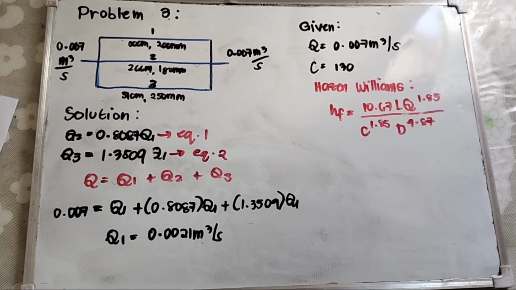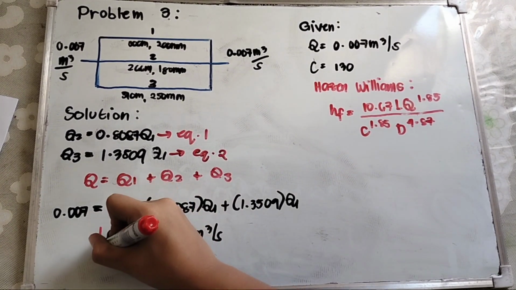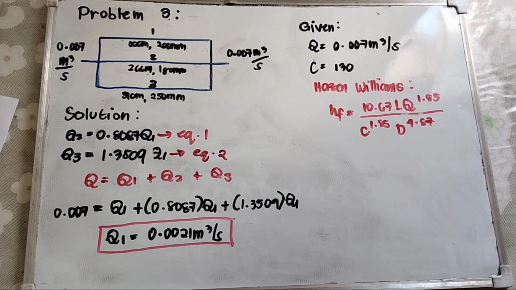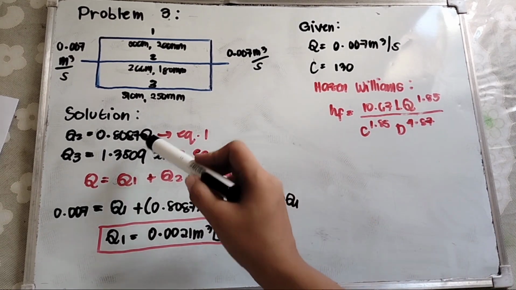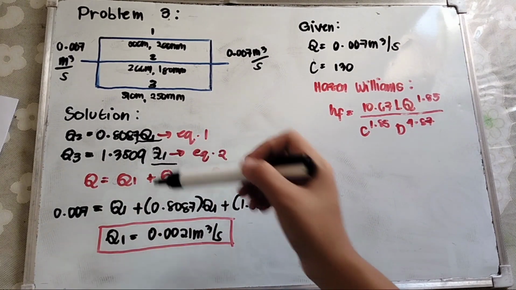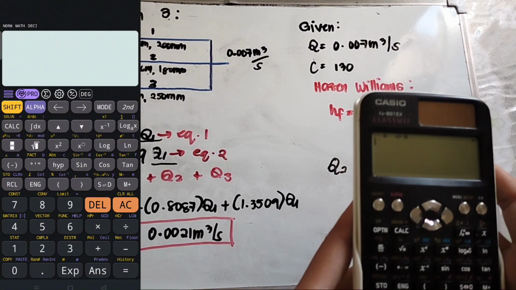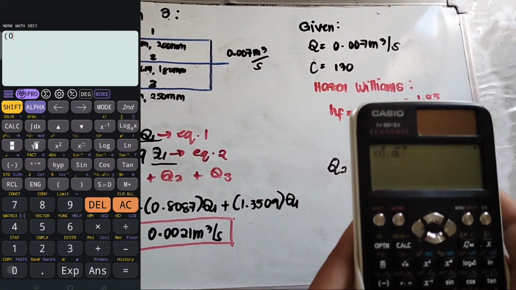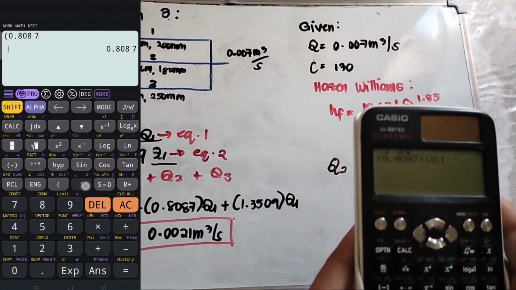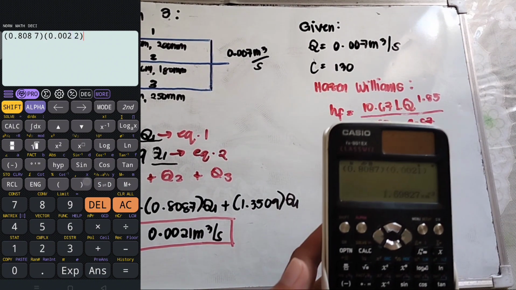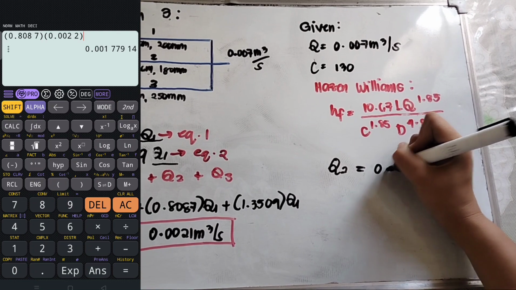And now, we already have a value of our Q sub 1, so we can calculate our values for Q sub 2 and Q sub 3. Again, simply substitute our value for Q sub 1 into the two equations. For our Q sub 2, we have 0.8087 times Q sub 1, which is 0.0021 cubic meters per second.